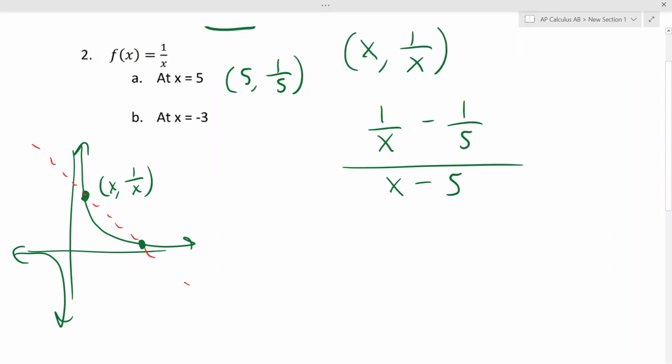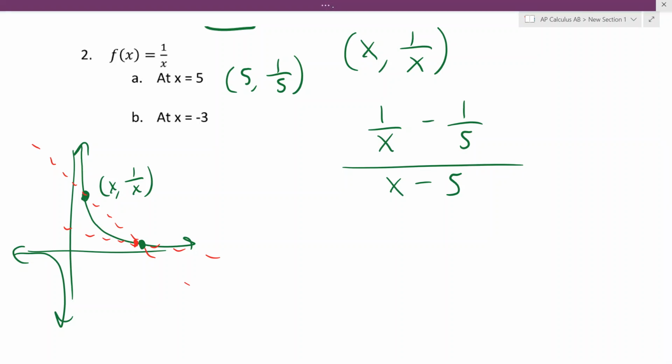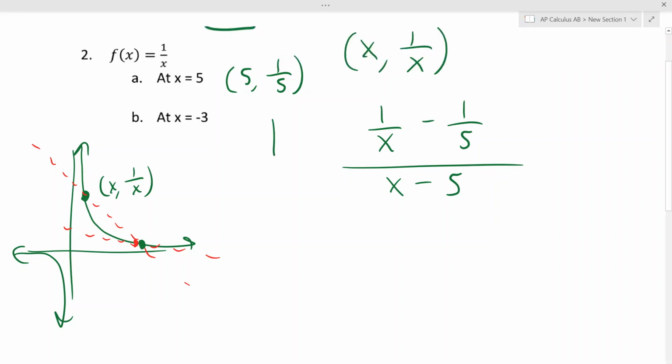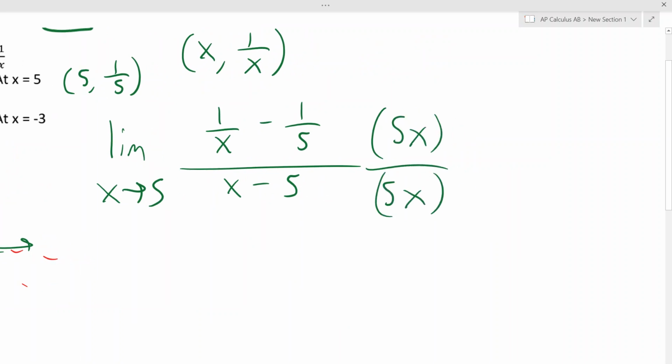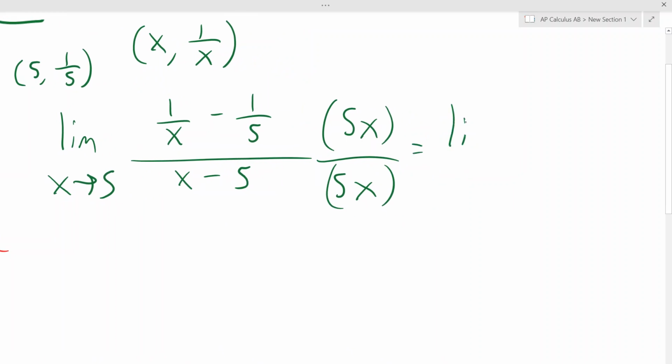Okay, but we're bringing that second dot closer and closer and closer to 5, and that's going to give me the slope where I want it, just at 5. So we're going to drop out front of that the limit as x approaches 5. Now, this is a complex fraction, which we don't want, so we're going to get rid of those fractions by multiplying by the denominator, right? That's going to get rid of them, and that's going to give us the limit as x goes to 5.